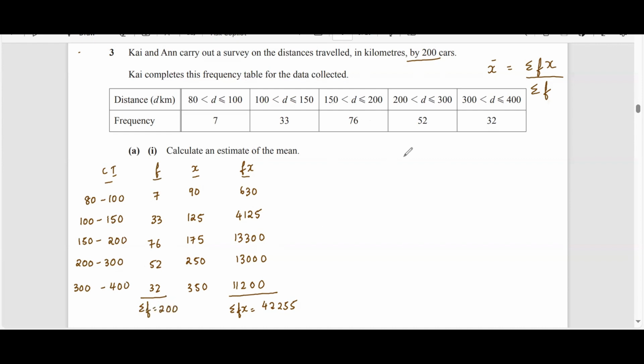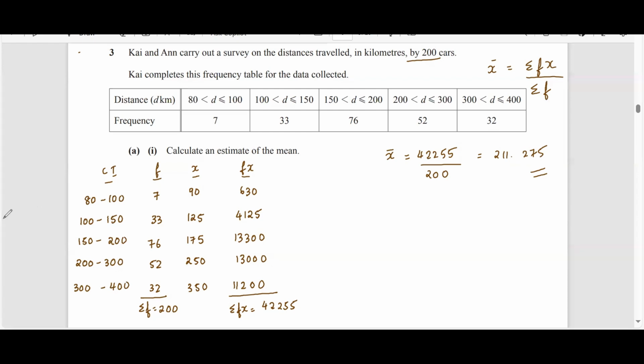So now we can find the mean. Estimate of the mean is sigma fx, that is 42,255 divided by 200. So that will give us 211.275. So the first part is done.